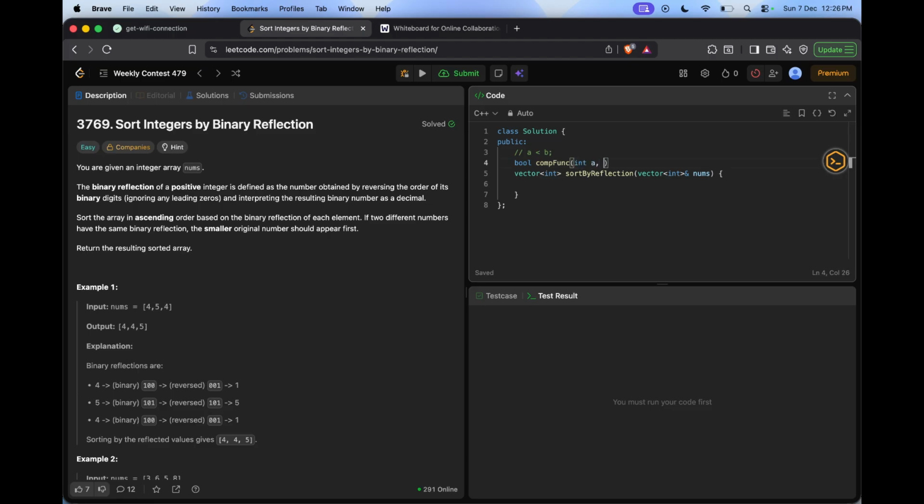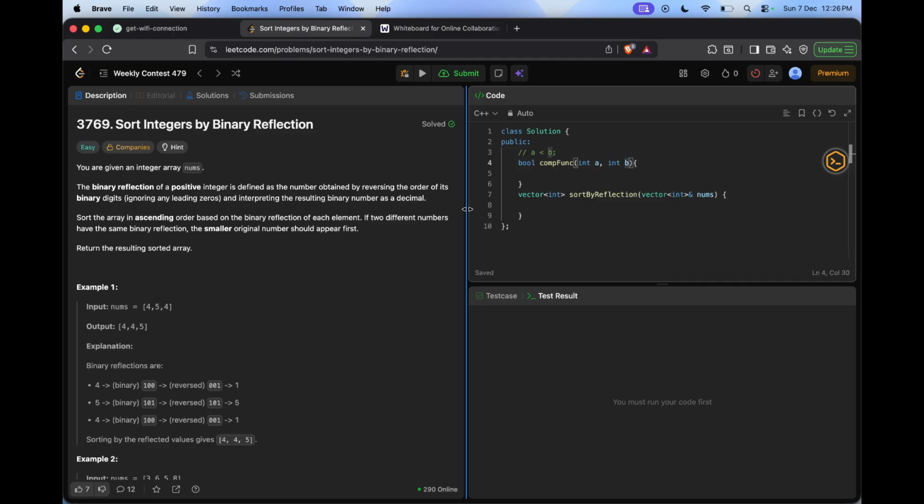This particular sign in the middle represents the order in which you want the two numbers to be sorted. Let's say we have a and b, which represent the values at index i and index j. We have a question whether to put the value at index i first in the sorted array or index j first.